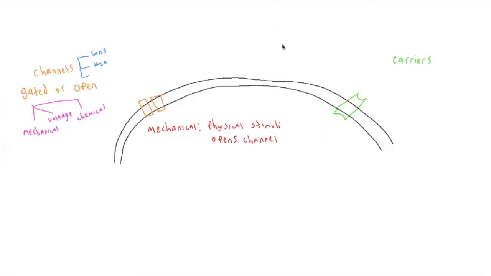All right, the next one is called a voltage gated channel. And this is actually a change in membrane voltage. There are several examples of this that we'll be talking about. What happens is that the cell membrane can actually be charged. And when that happens, it can open up channels that allow ions to move in and out.